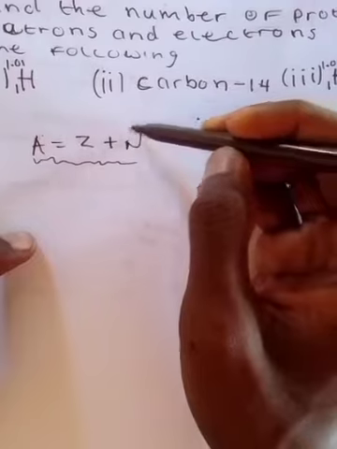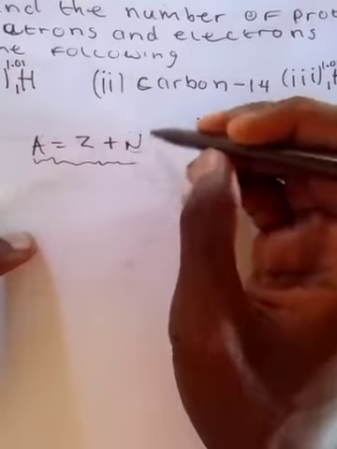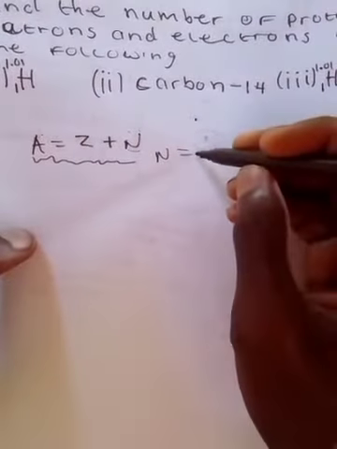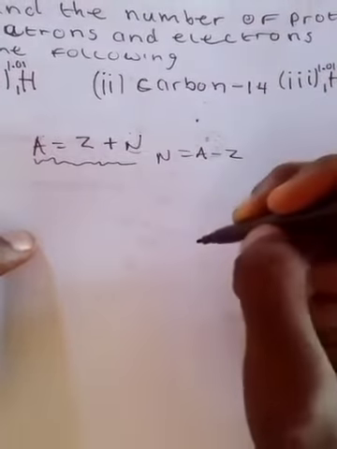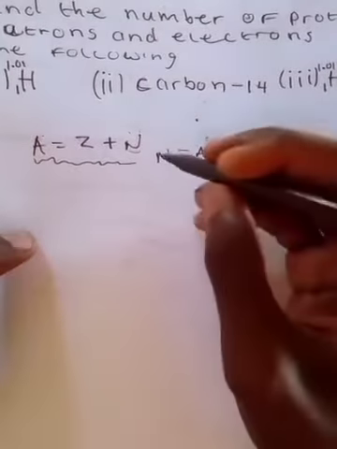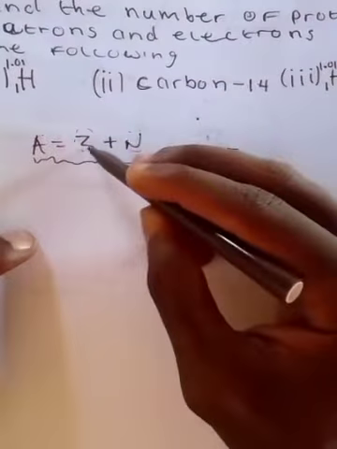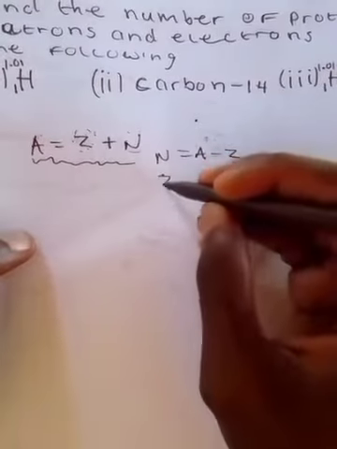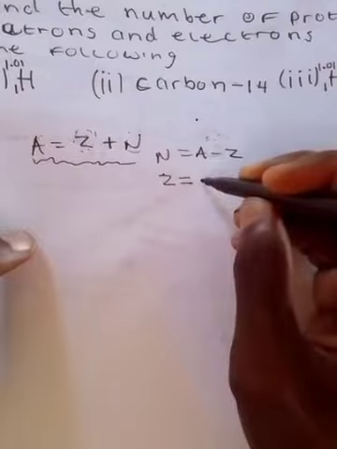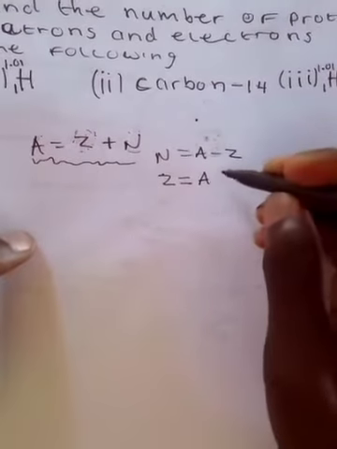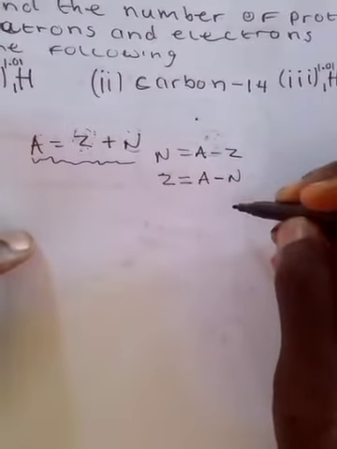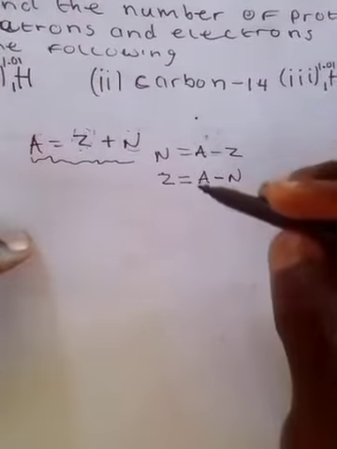So you're going to say N is equal to A minus Z. And in a case where you're looking for the proton number or the atomic number, you make Z the subject, and you're going to have Z equal to the mass number minus the neutron number. So these are the formulas that you'll be using throughout. But if you want, you don't even have to use this. You can just answer them directly.